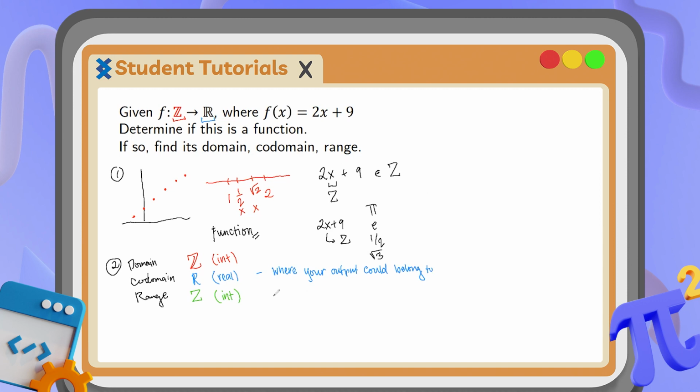And for range, it's the set where all your actual outputs belong to. Alright, so now we've hopefully cleared the difference between codomain and range.